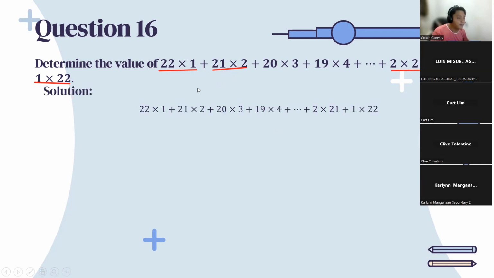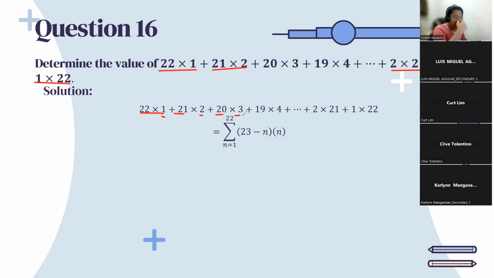So here, this is the given problem. If you look closely, let's say the individual values of the products here, for example, 22 decreases by 1, and the other value increases by 1 as well.